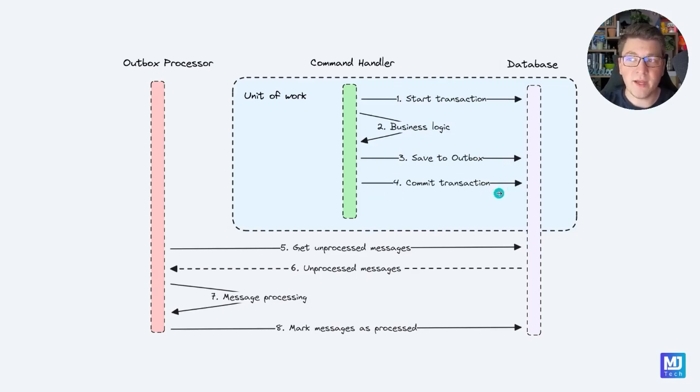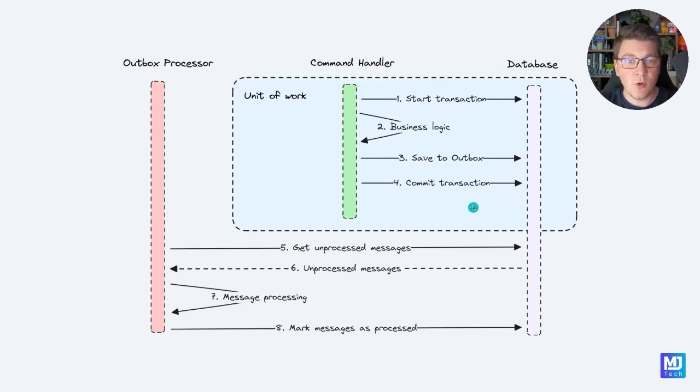Because we are only interacting with one external system, our database, we can guarantee that this is going to be an atomic operation. Either everything is going to succeed and we successfully persist both the changes made inside of the command handler and the outbox in the same transaction, or we aren't going to persist anything inside of the database.